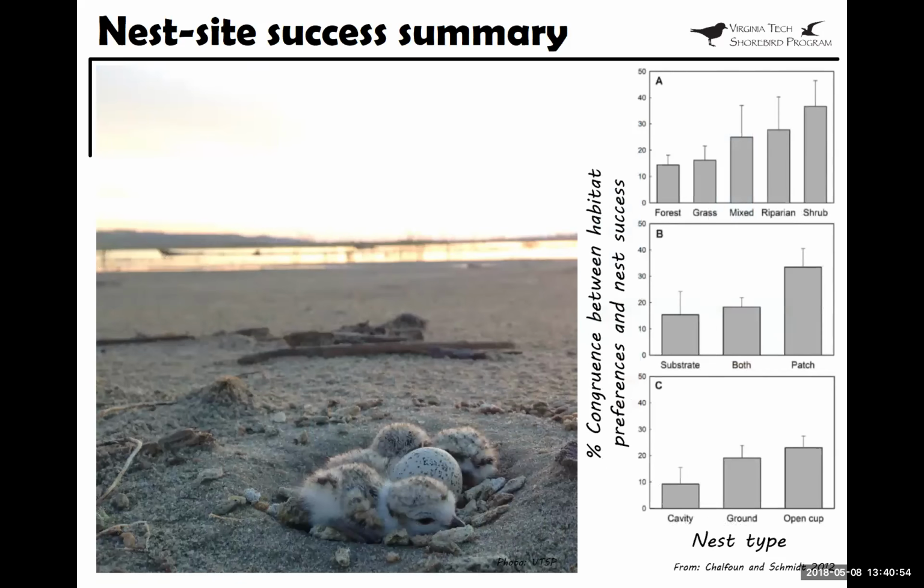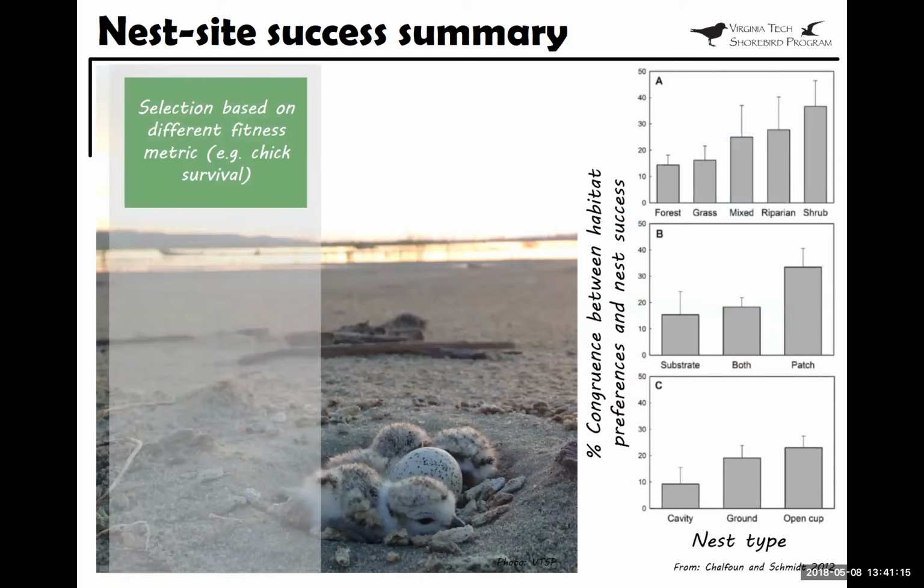So this result is quite common across nest site selection studies. This figure is from a meta-analysis that shows that there's often incongruence between selection and success. For example, in that bottom figure, you can see that only in 20% of cases did habitat preferences parallel nest success for ground nesting birds. There are a few reasons why this may be so. Selection might be based on a different fitness metric than what we looked at. So we looked at nest success, but maybe it's based on chick survival.